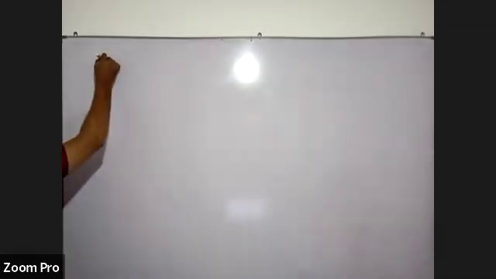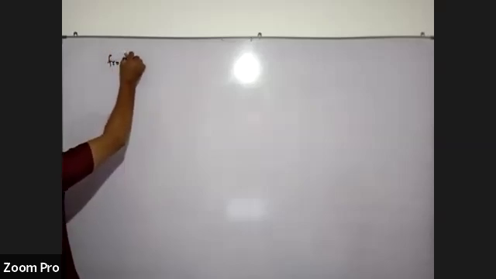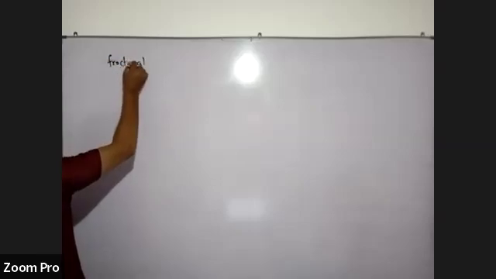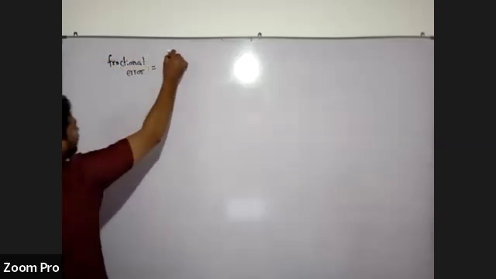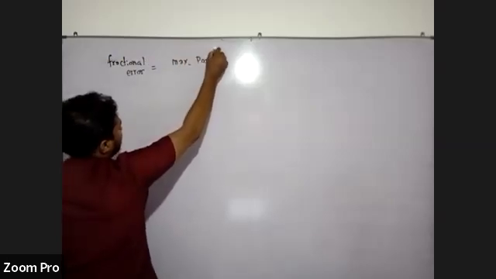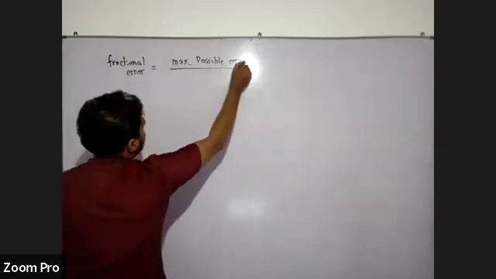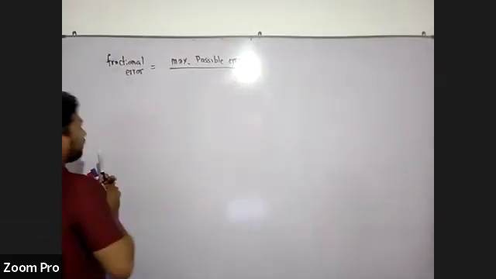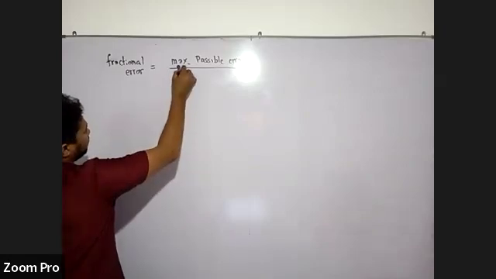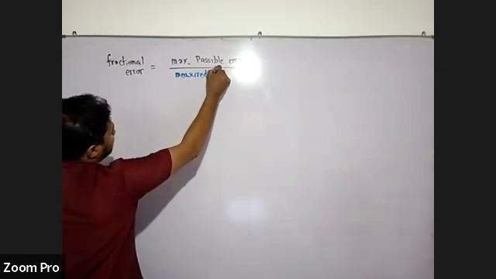Right. So if I reveal the equation for fractional error, fractional error equals maximum possible error over measured value. This is the equation for fractional error, right?